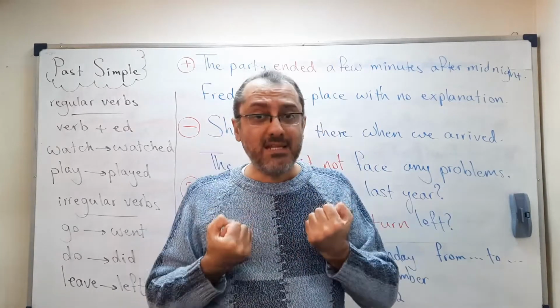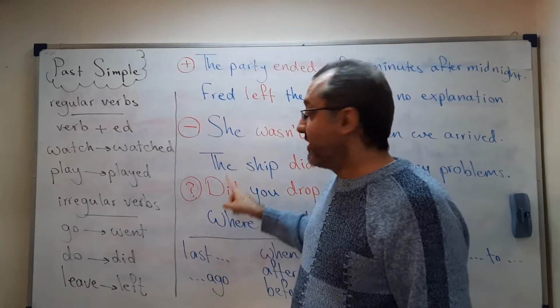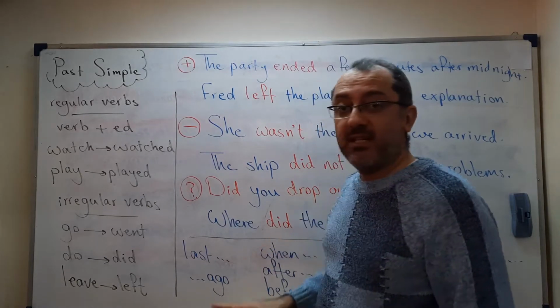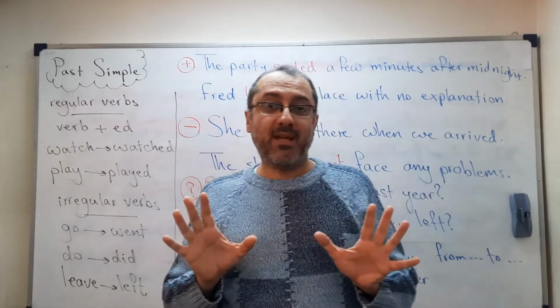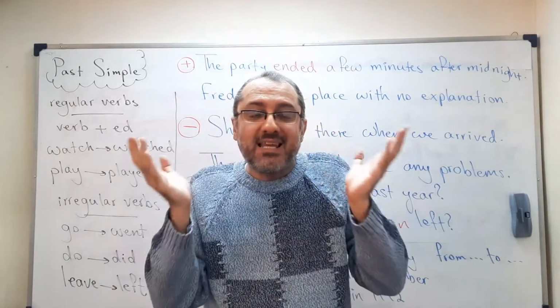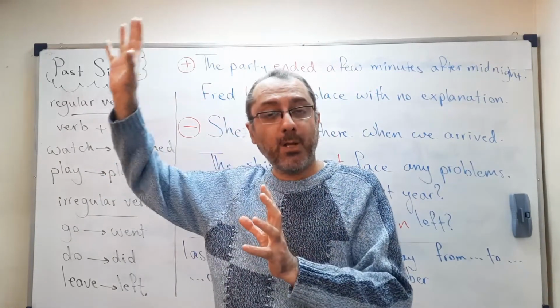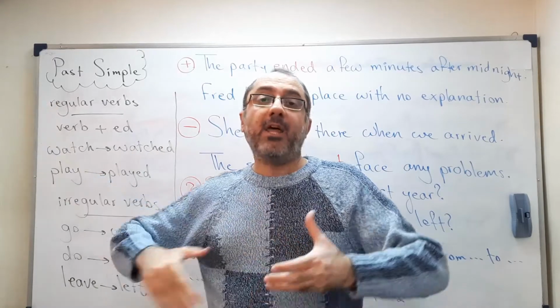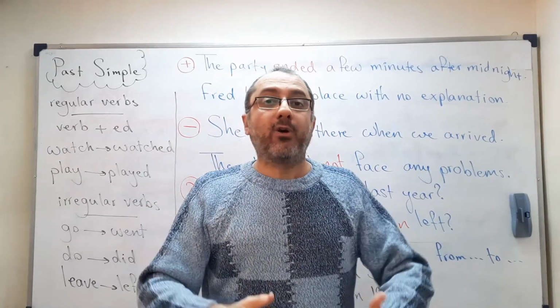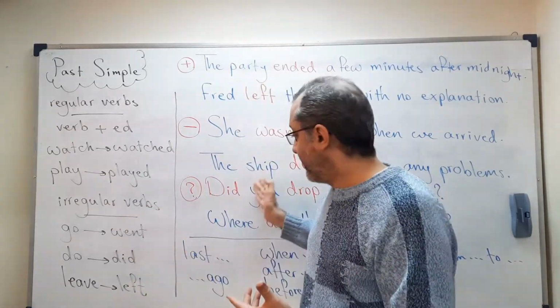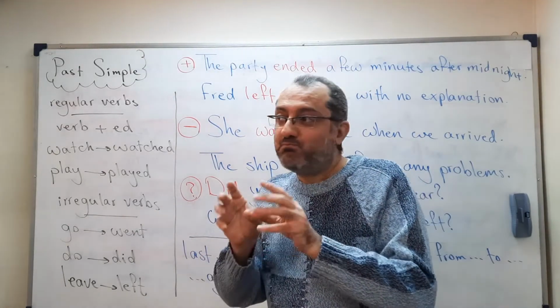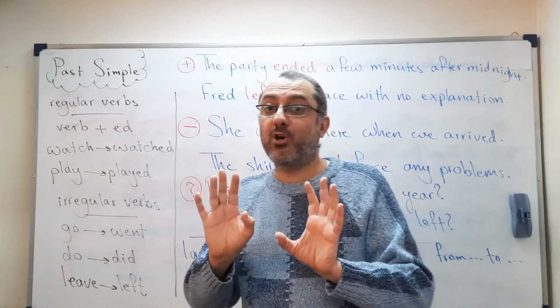It has a meaning. But this did is not a main verb. It doesn't have any meaning. It is just used to show that we're talking about the past and that we're making a question or a negative statement. So they look like each other, but they don't mean the same. The meanings are different.